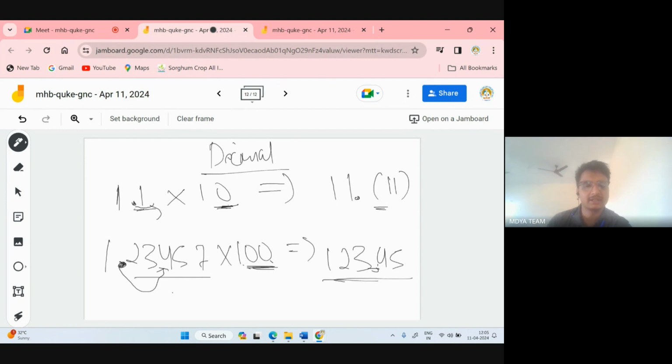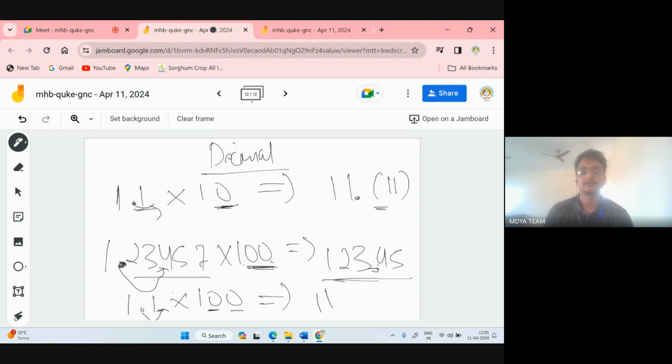One more thing, 1.1 multiplied by 100. So the decimal will move two places towards the right side. Now it's 11 and there is no digit after this, so it will just add a 0 after this 11.